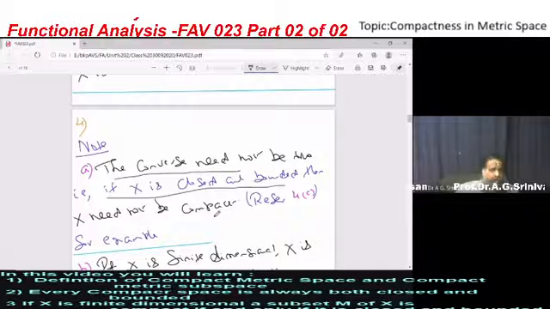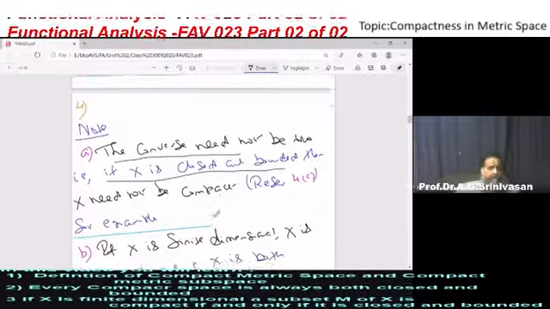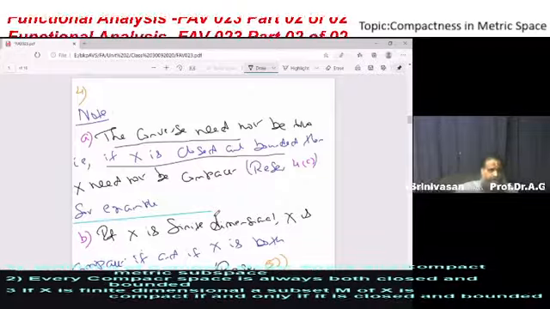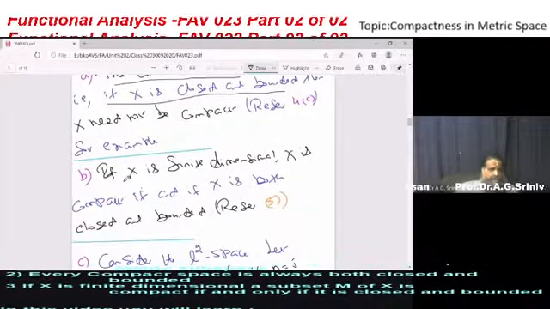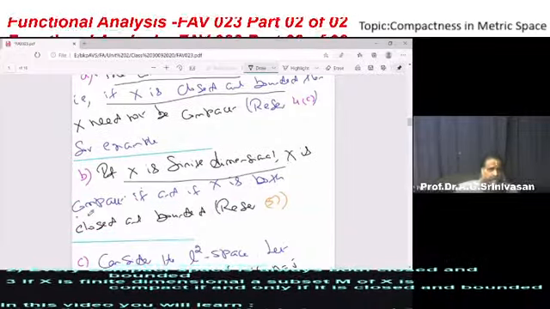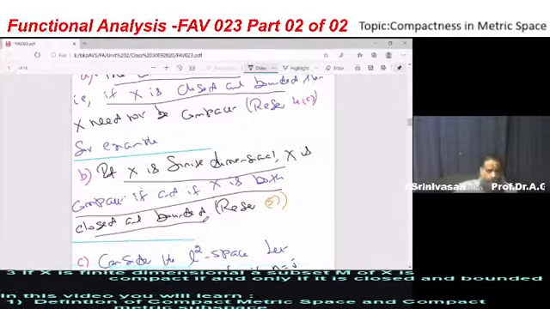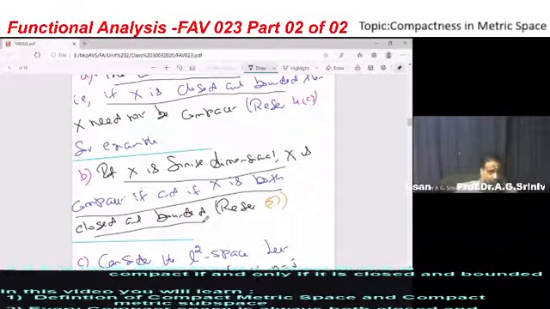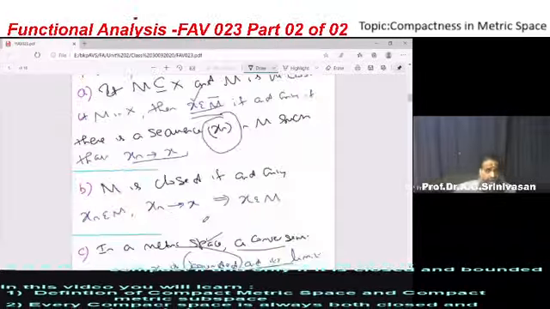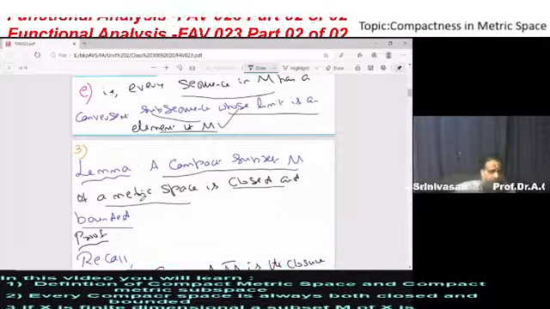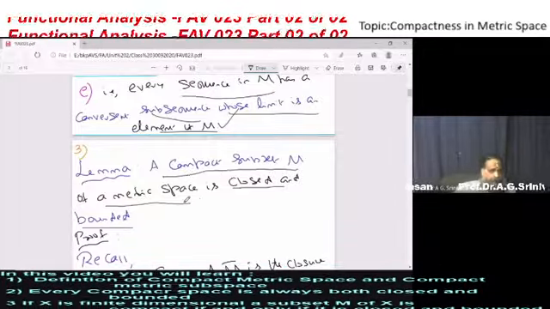Now, before I do that example, let me take a very classical theorem which I'm going to prove immediately after this. If X is finite dimensional, X is compact if and only if X is both closed and bounded. So this lemma says a compact subset of a metric space is always closed and bounded.